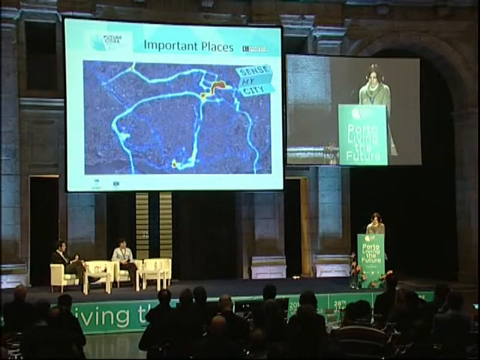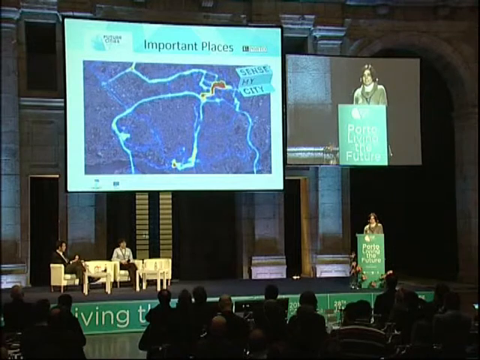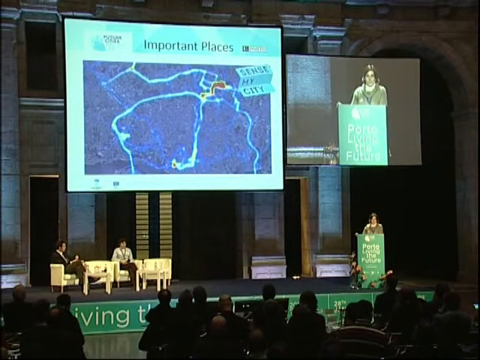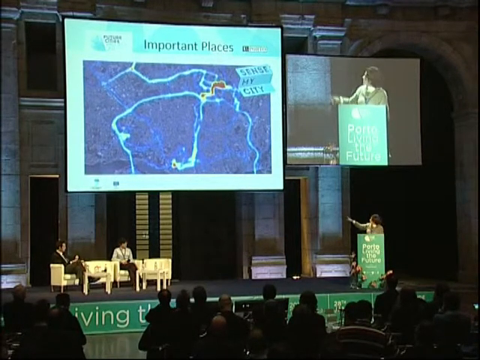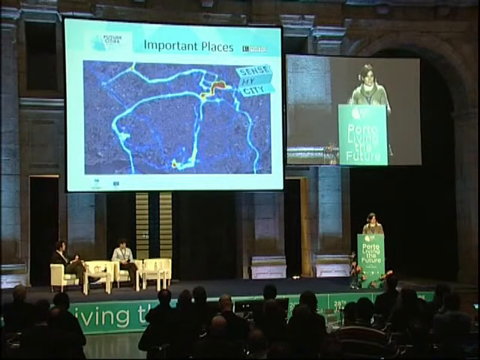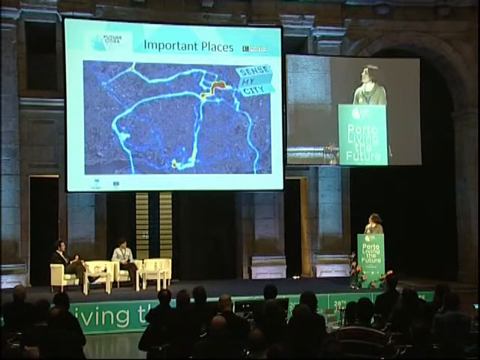This is another type of information that we can extract from the aggregate data, which is where people spend most time. So this is for the 10 users. That red dot is where I live. I'm one of the biggest users of the application, of course.